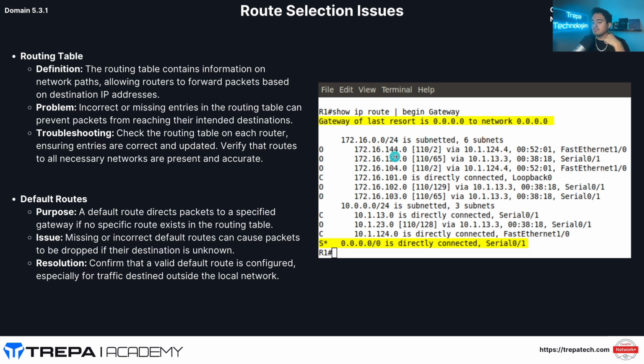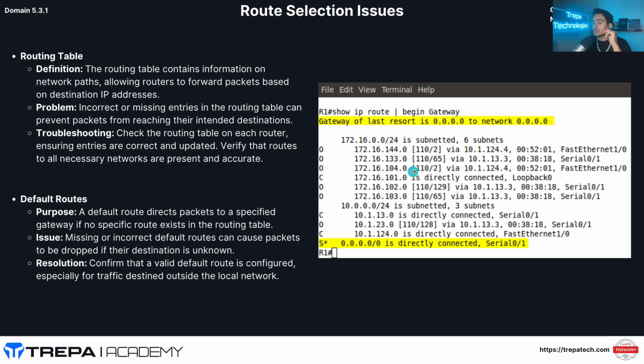So if a user wants to talk to 172.16.144.10 in their packet's destination IP header, we're forwarding that packet to the next hop IP of 10.1.124.4 out FastEthernet 10. Now let's say a user comes in and they want to talk to 4.4.4.4.